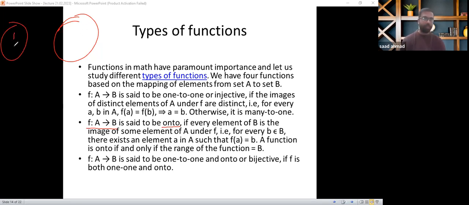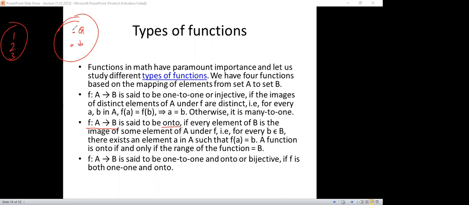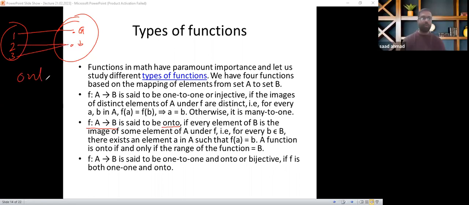Let's say we have 1, 2, 3 in B. It's a function and it is an onto function. Onto means this covers this whole range. If the whole range is covered and there is no free element left, then it's onto. Or you can say that for every element in B, there is some element in A that goes to that element in B.